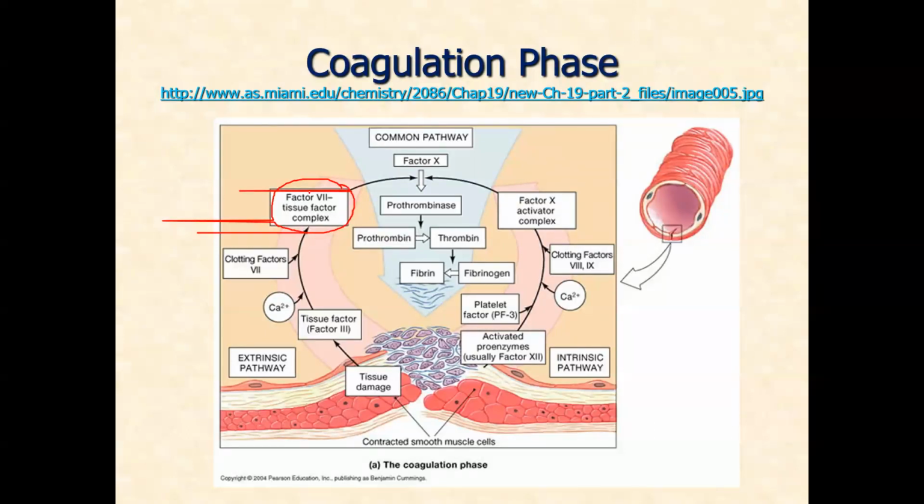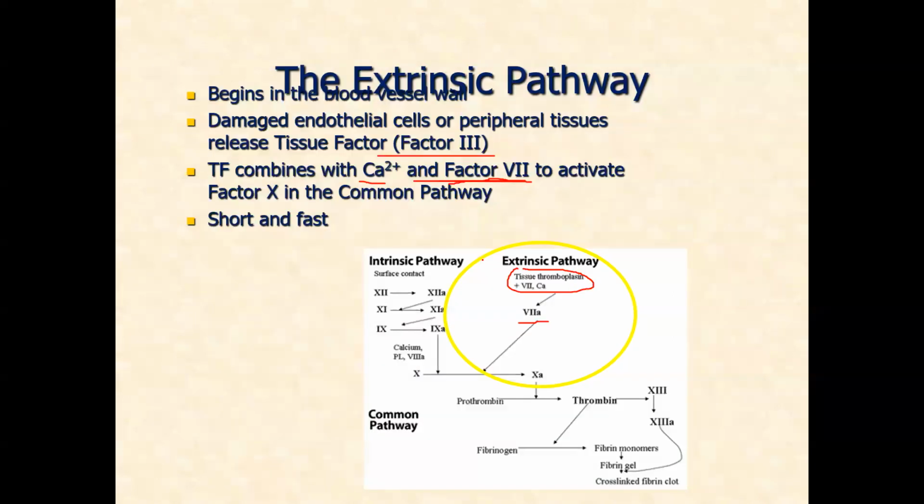And then this complex acts as an enzyme that triggers the activation of factor 10. So the complex activates factor 10. Factor 10 starts the common path, right? And that is extrinsic.